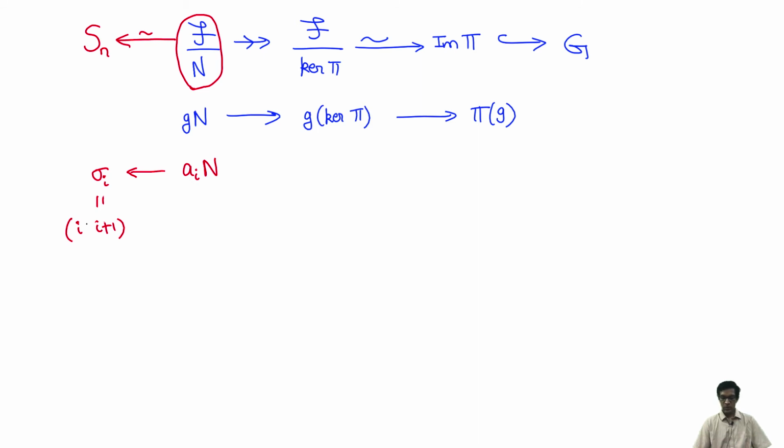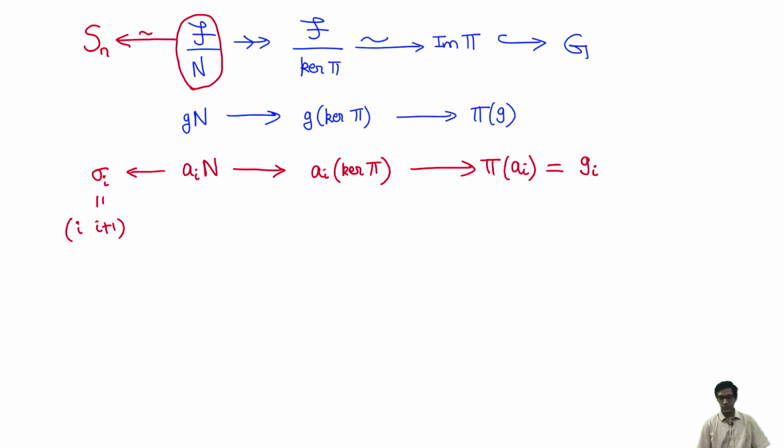Okay, and so the coset aiN therefore was mapping to sigma i just by the first isomorphism theorem. Okay, so now we are all set, because now we know what aiN goes to. It goes to ai ker π, which in turn goes to π(ai), but π(ai) by definition was gi.